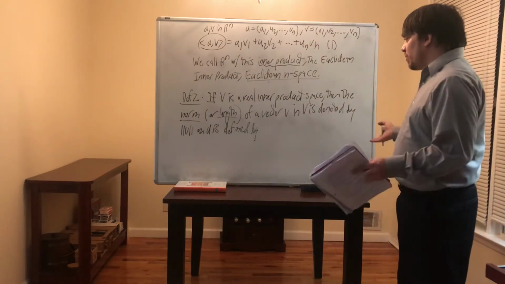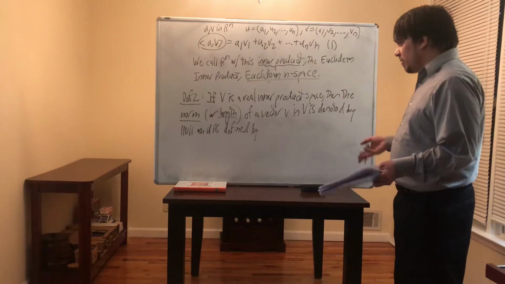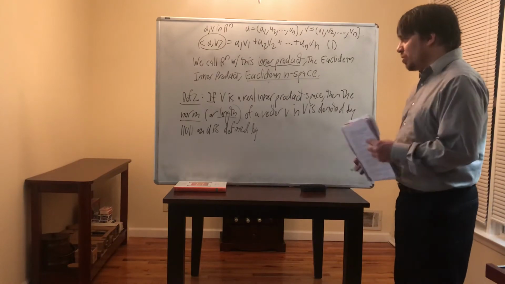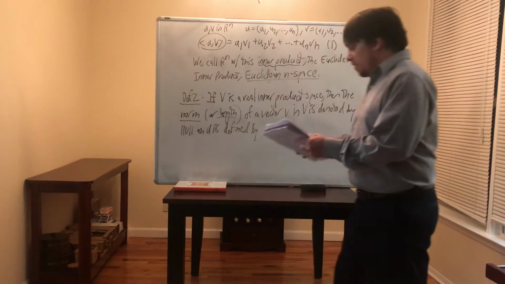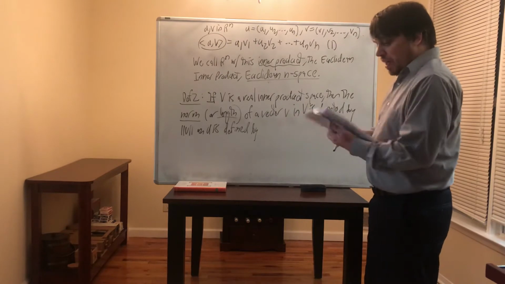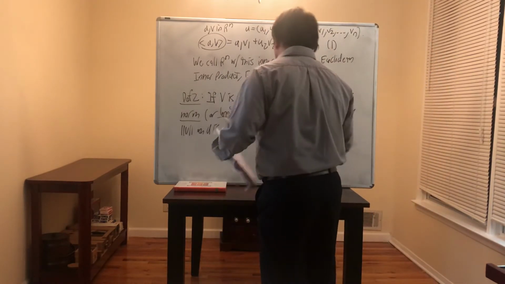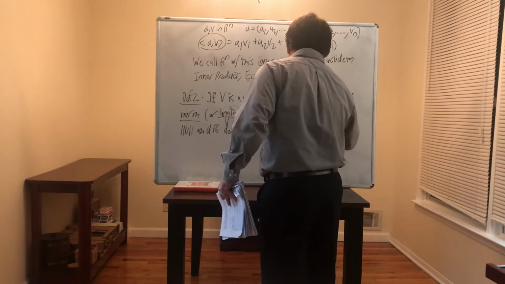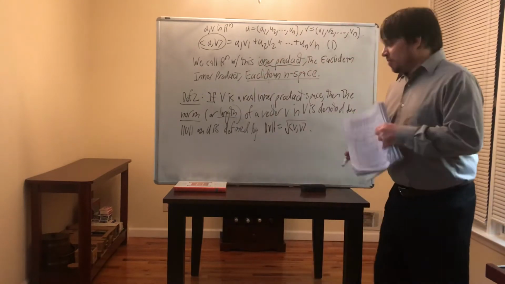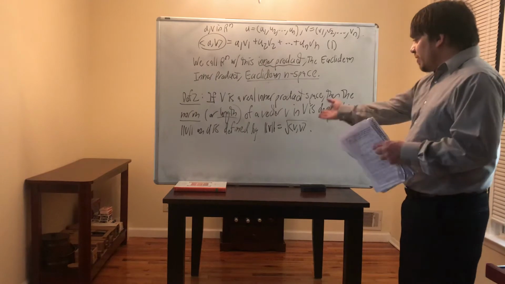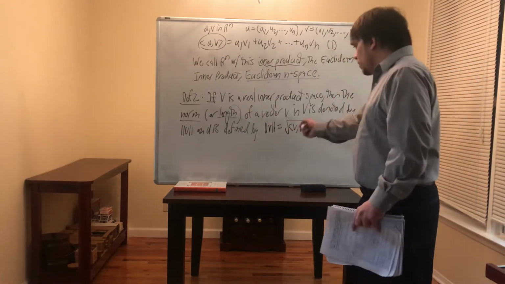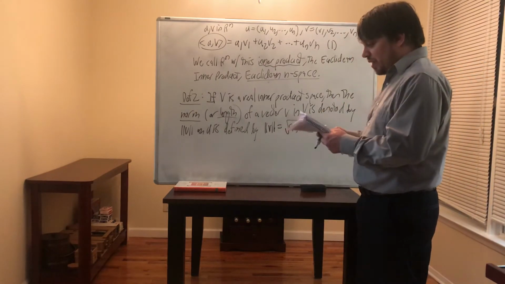If capital V is a real inner product space, then the norm or length of the vector little v in capital V is denoted by that symbol, and is defined by this. So the norm or length of v is equal to the square root of the inner product of v with itself.